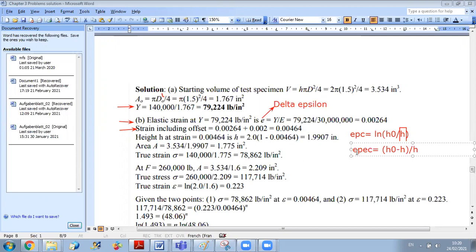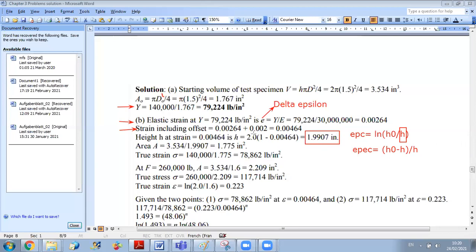Since I already calculated epsilon compression and I have the value of H0, I can deduce the value of H. As you can see here, H is very close to H0, because as I told you, in the elastic region the variation in height will be very small. This is why epsilon true is nearly equal to epsilon engineering, and you can verify this in the calculation. So it will be nearly the same value.